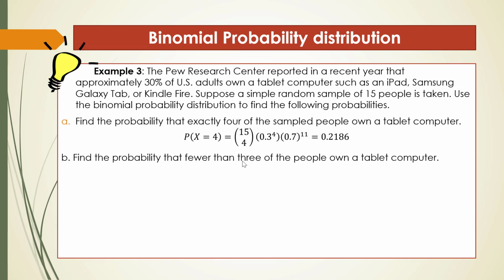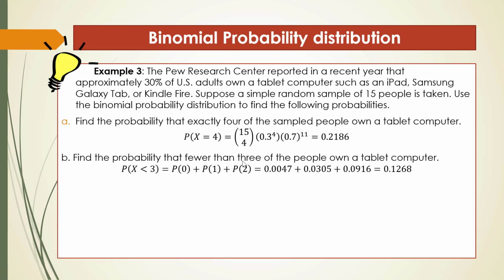Part B, find the probability that fewer than 3 of the people own a tablet computer. Fewer than 3 successes. So we can have either 0 successes, 1 success, or 2 successes. So the probability that X is strictly less than 3 is the probability of 0 plus the probability of 1 plus the probability of 2.